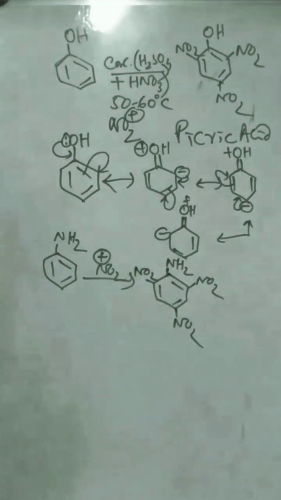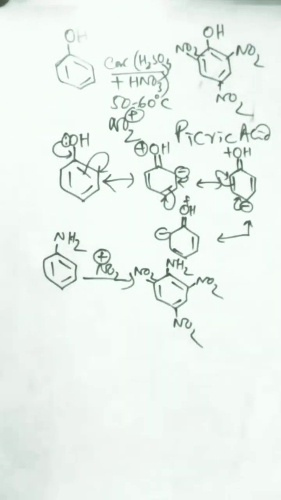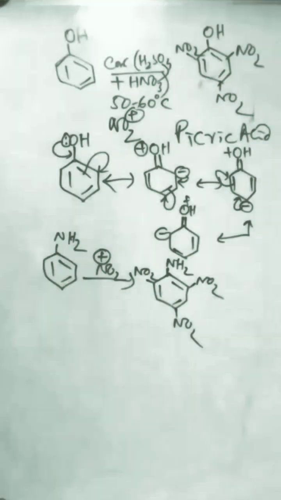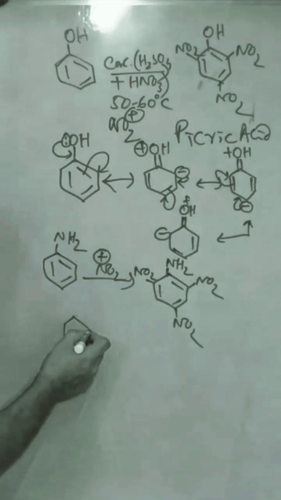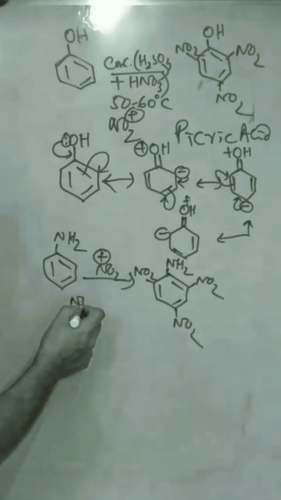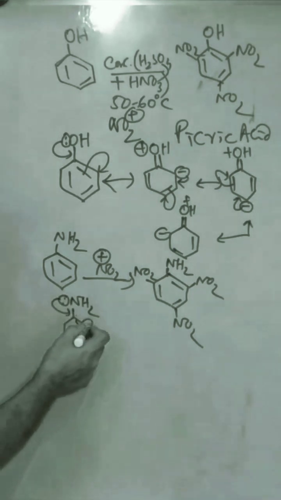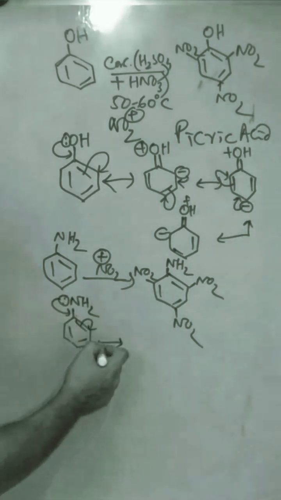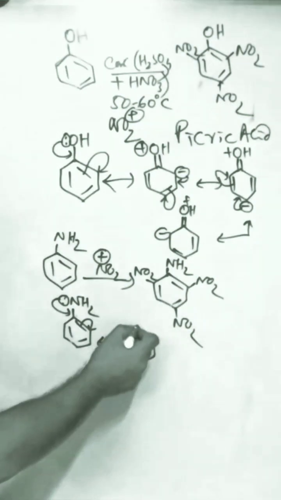The same thing happens here. In phenol, oxygen has a lone pair which gets delocalized into the benzene ring through resonance. Here nitrogen also has a lone pair which is in conjugation with the pi electrons of benzene, so it can also get delocalized into the benzene ring to form these resonating structures.